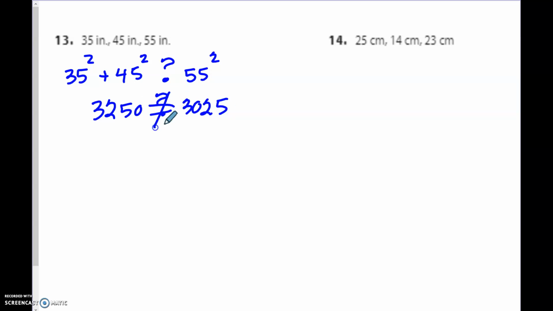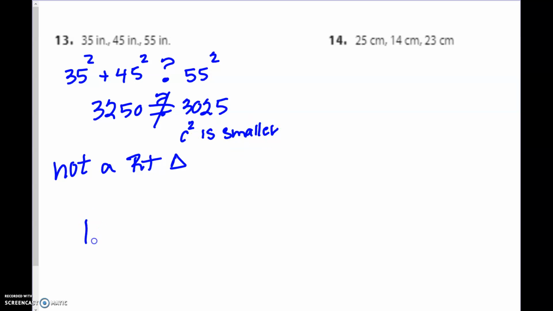They are not equal, so this is not a right triangle. So c squared is, well, 3,025 is smaller, so c squared is smaller. This triangle is acute.